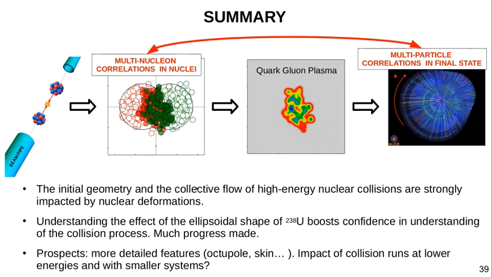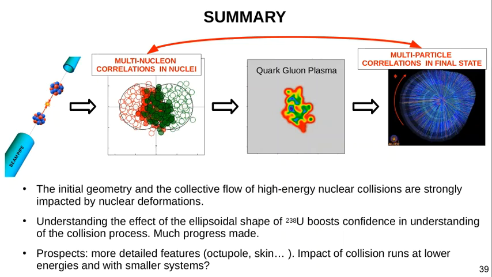The initial geometry and collective flow of high-energy nuclear collisions are strongly impacted by nuclear deformations, and uranium collisions were the first systems that were proposed, the first that were collided, and the first where we observed the effect of the nuclear shape. We are getting to the place where we understand all these observations consistently, which gives us much confidence in our understanding of the collision process.